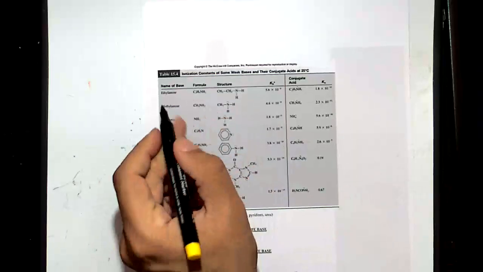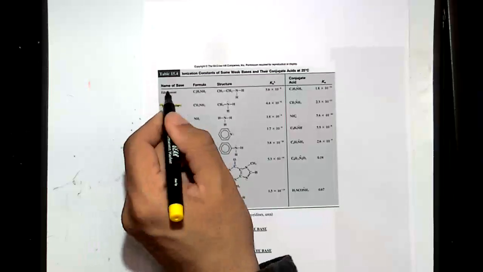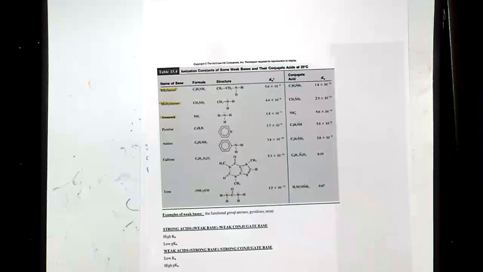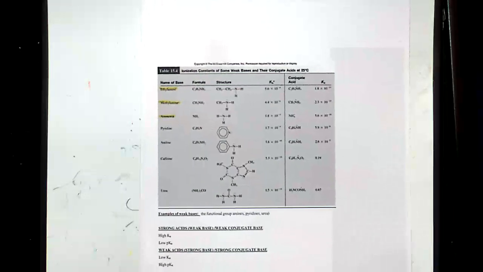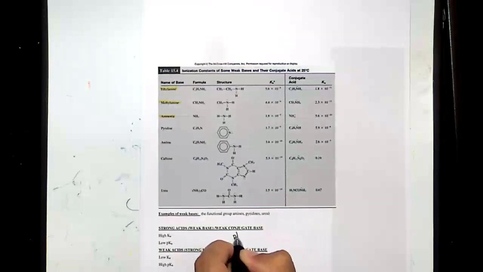Okay, these are weak bases. You don't need to memorize them. Amines, weak base, those types of things. Or if you see a KB, then you know it's a weak base.